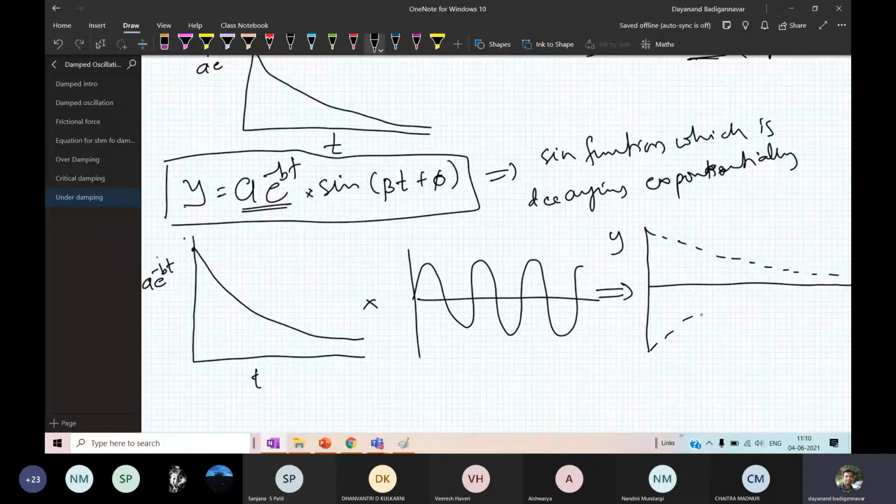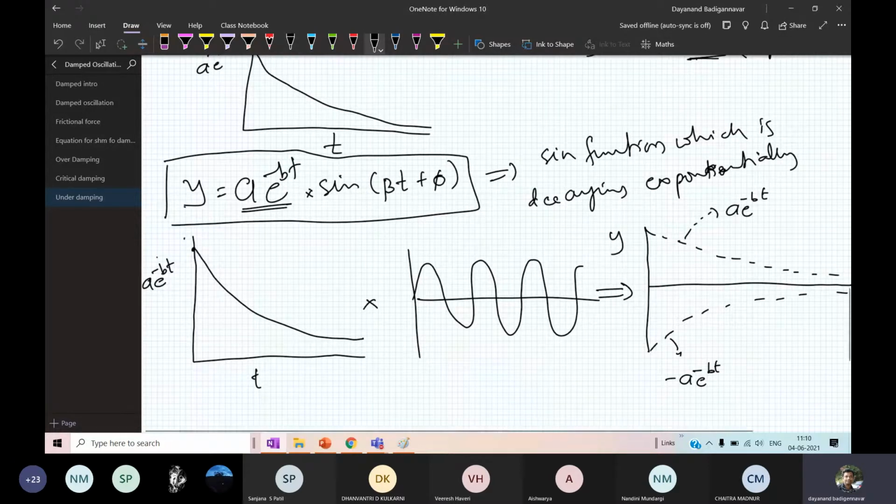The dotted line represents a into e raised to minus bt, and the other dotted line is minus a into e raised to minus bt. Now this is the sine function. The sine function is like this.